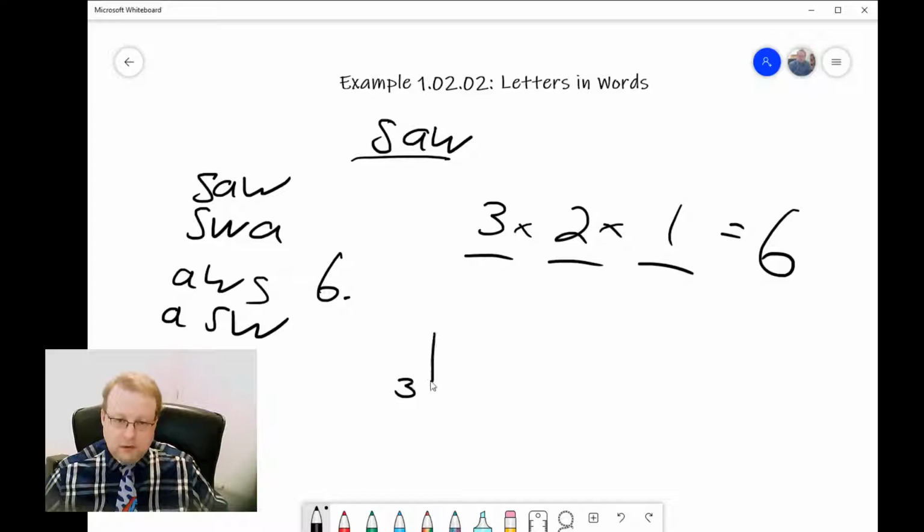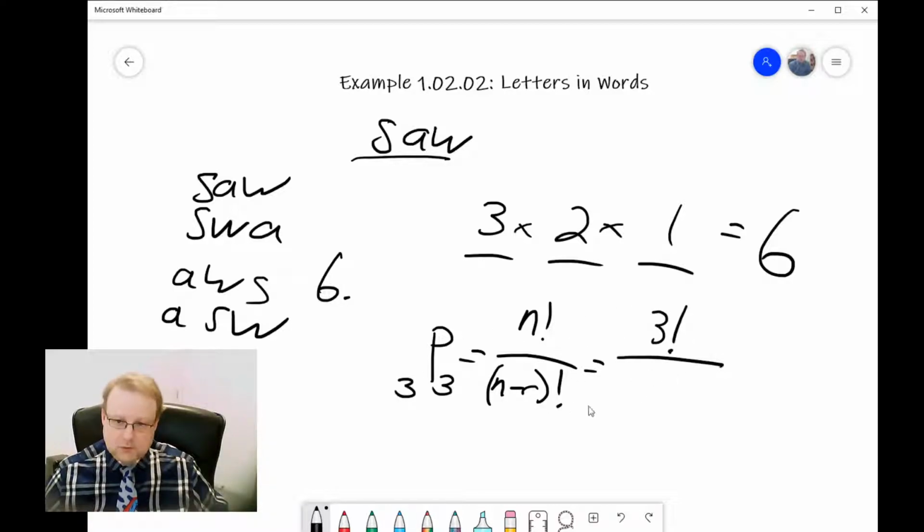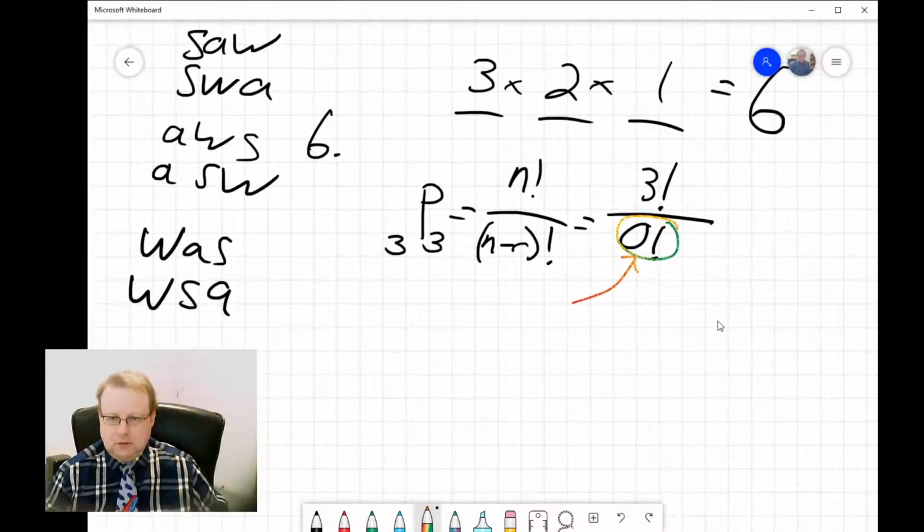Or finally, 3 permute 3 with our formula is going to be n factorial over n minus r factorial. Here that's 3 factorial over 3 minus 3, or 0 factorial. So right here, this is the piece that we needed.